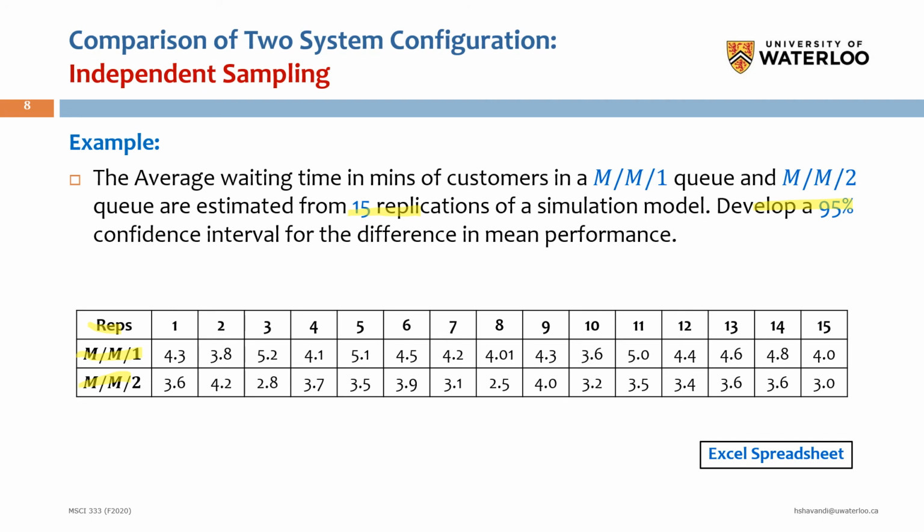The solution of this example is in Excel, and I will upload that Excel file in Learn, so you will find the solution over there. It's easy. We just implement those equations that we obtained in the previous slides in Excel and calculate the confidence interval.